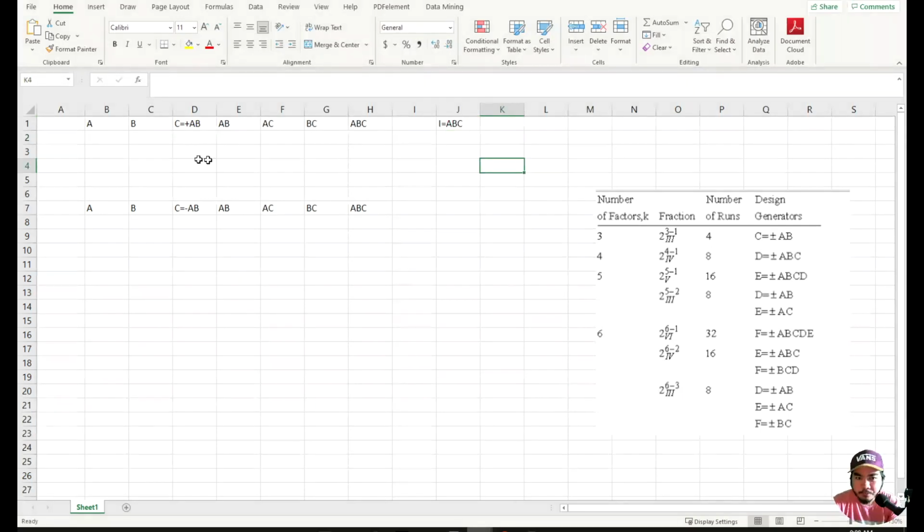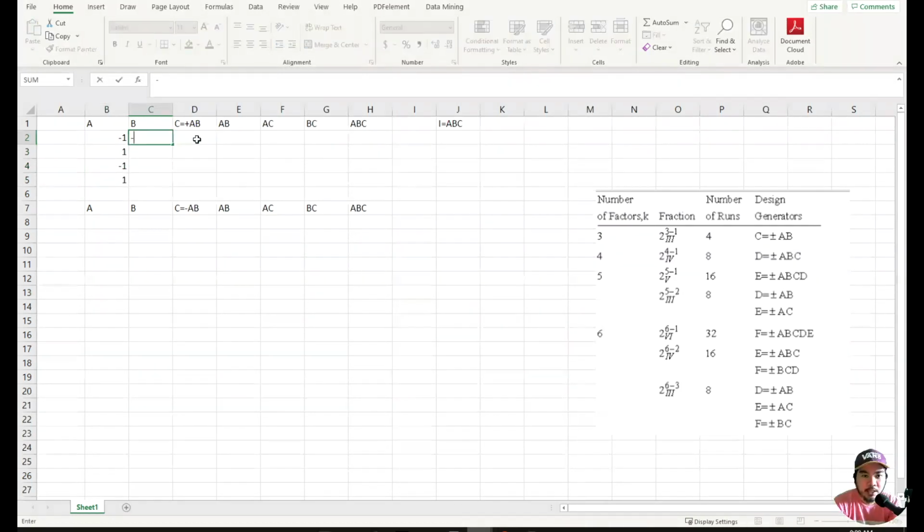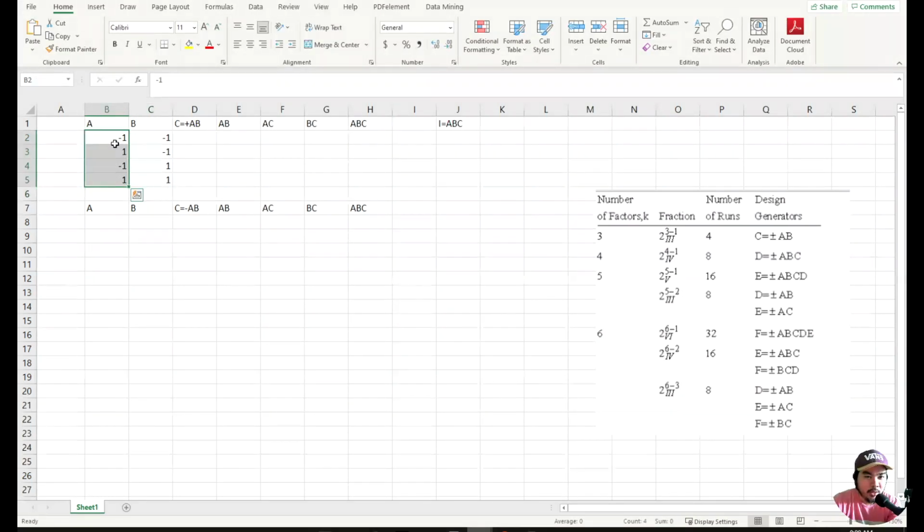Okay? So now, gagawin natin is we do ganito. So we start off with, dapat alternate muna, 1, negative 1, negative 1, 1, and 1. Okay, so ito alternating every row.